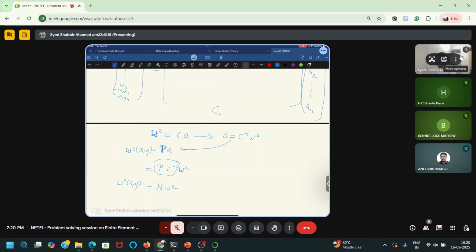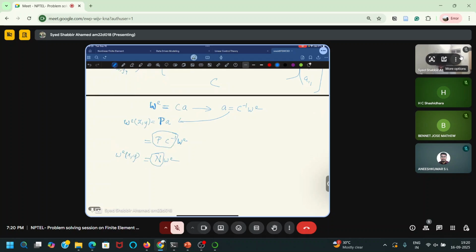So this N matrix will have, how many? This is 12, and the C is also 12 cross 12. So this is 1 cross 12 into 12 cross 1.